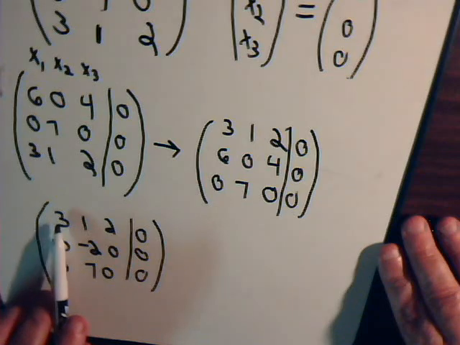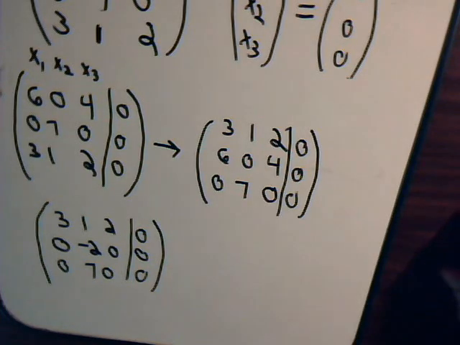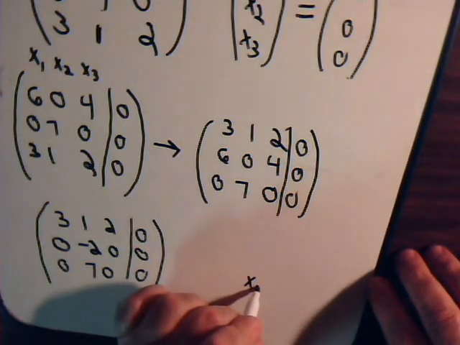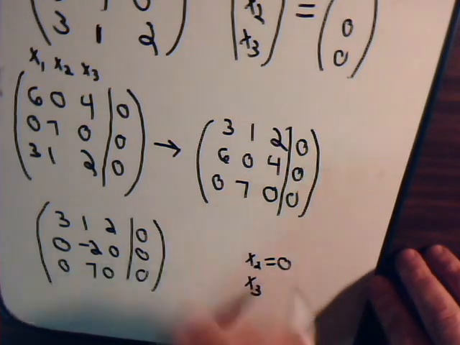Okay, again, x1 is a lead variable, x2 is a lead variable, x3 is going to be the free variable. And again, we can see that x2 is going to have to be 0, because here we have x1 plus 7x2 plus 0x3 equals 0. So x2 has to be 0. x3 can be anything. That's the free variable. So we have x3, x2 equals 0.